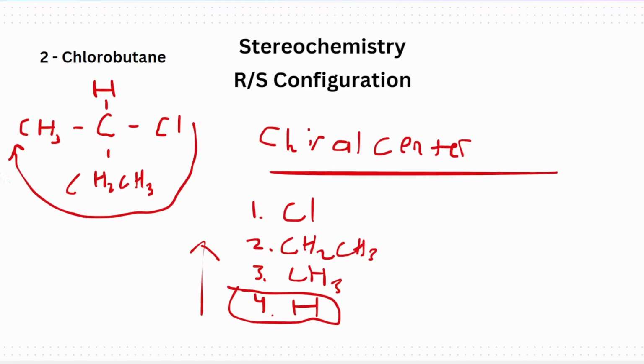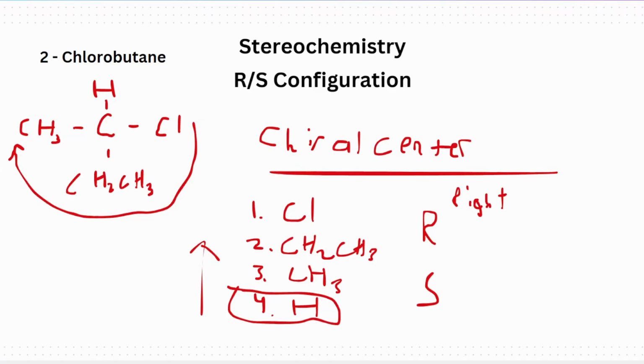Now I'm going to define how you can see what's going on. It's either an R or an S configuration, and these are based off Latin root words, but don't worry about that, it's not relevant. A good way to remember this is R would be right, no pun intended, of course. Sorry again for the bad handwriting.